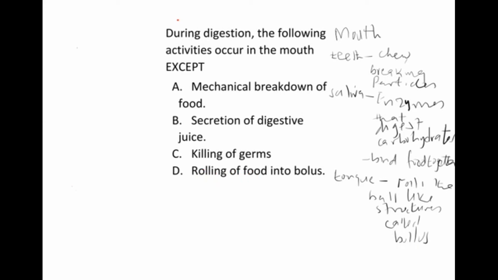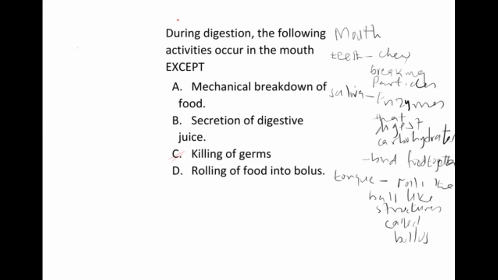Rolling of food into boluses, that is the tongue. After the food has been chewed by the teeth, it is the work of the tongue to roll the food into ball-like structures called boluses. So the one that does not take place in the mouth is killing of germs.